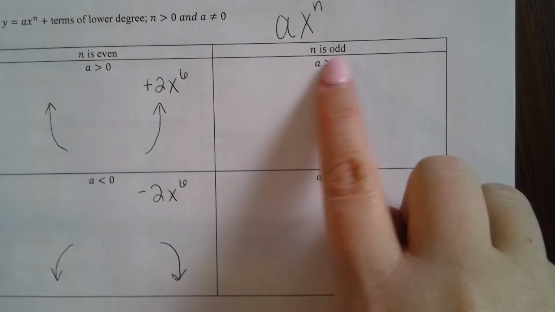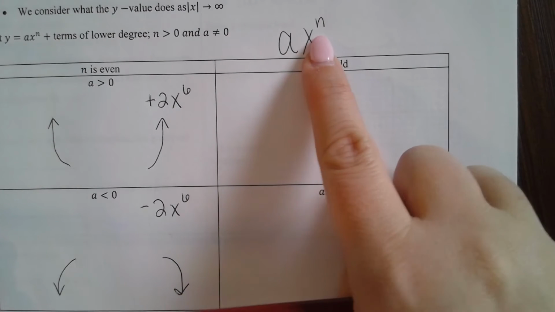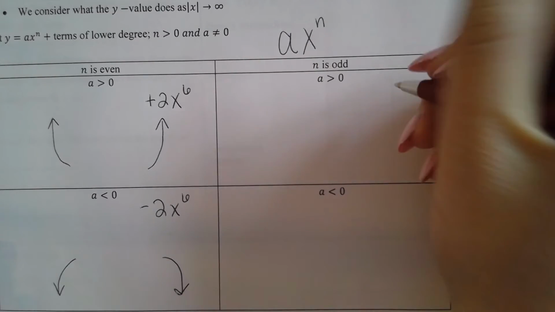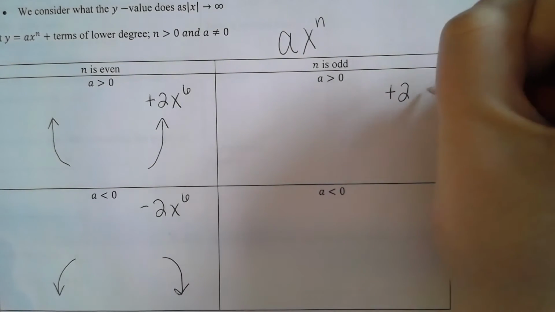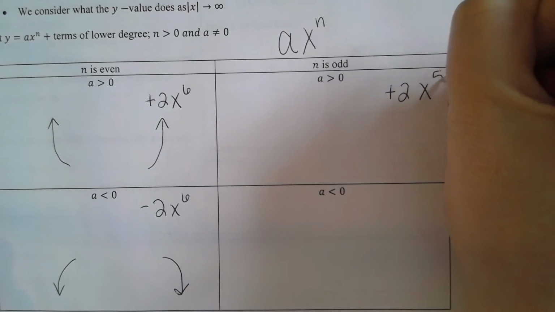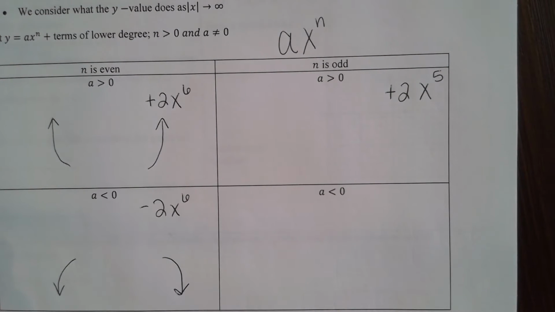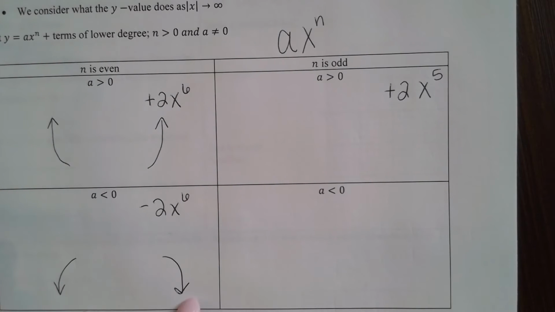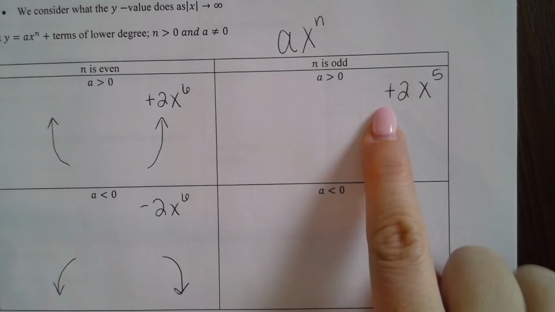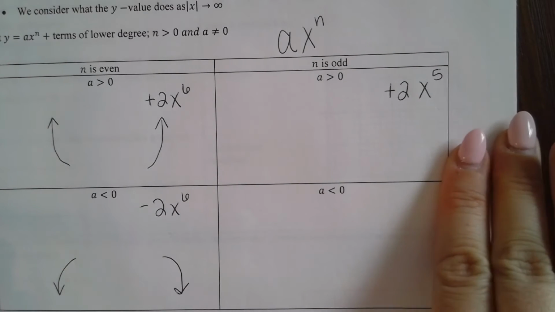Now, when n is odd, so if our exponent is odd and our a value is positive, so positive 2x to the 5th, what happens is our arrows are not going to be together anymore. One's going to go up and one's going to go down. So if it is positive, from left to right, I want it to be pointing up.